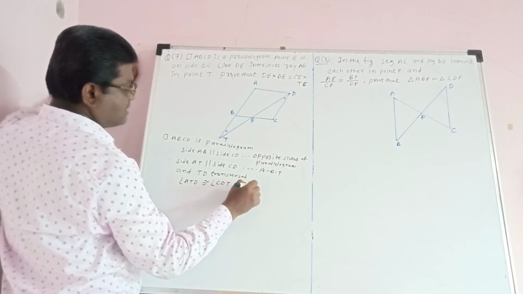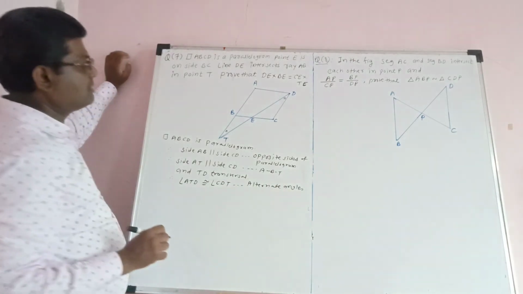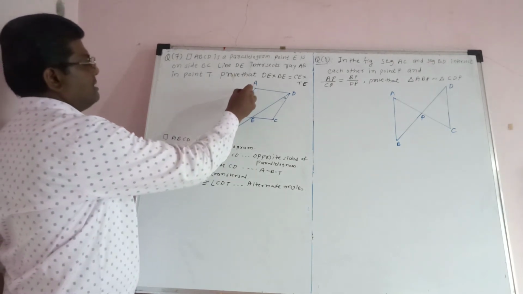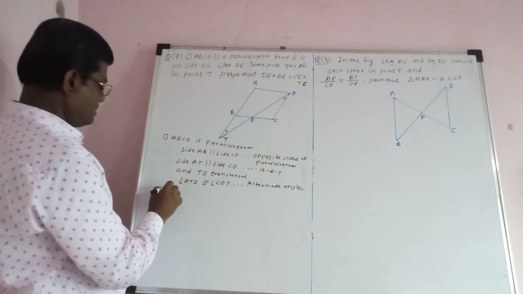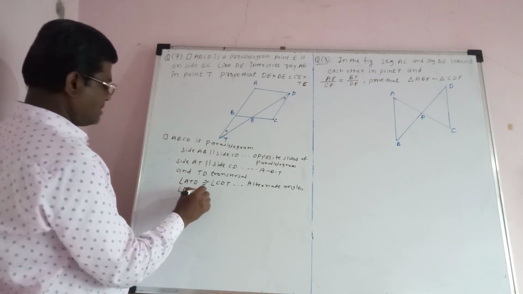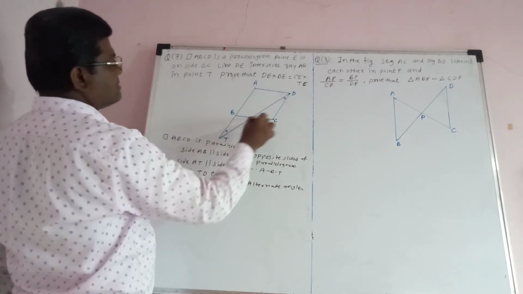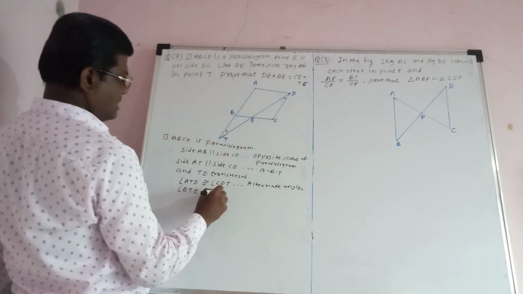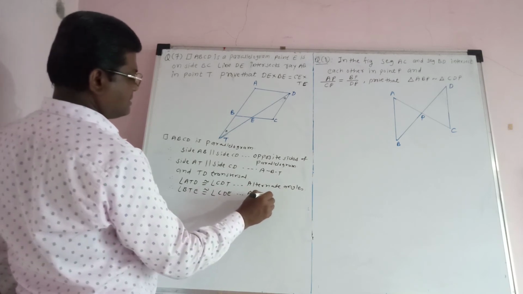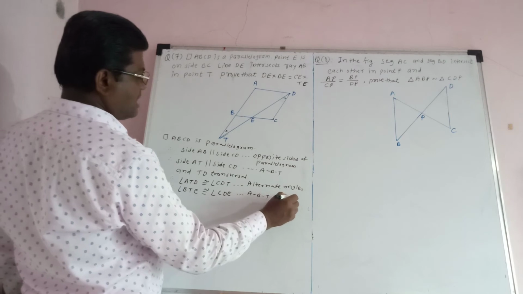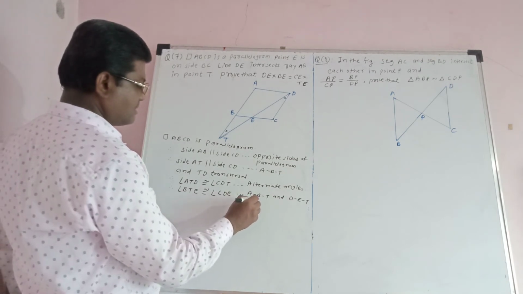These are alternate angles. Now angle ATD means angle BTE. Therefore angle BTE is congruent to angle CDT, which means angle CDE, and the reason is A-B-T and D-E-T. Suppose this is equation number 1.